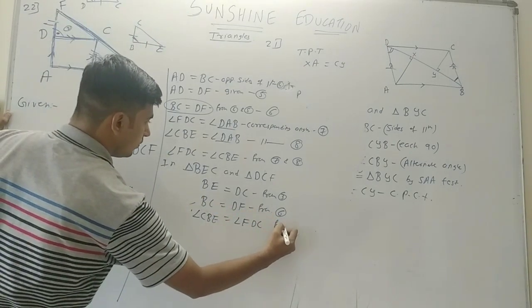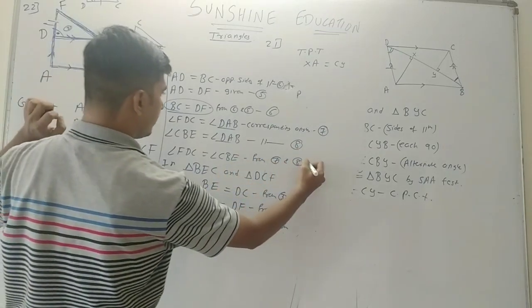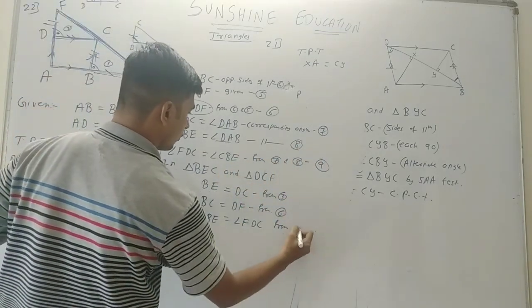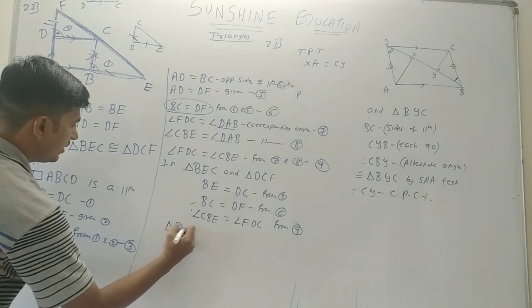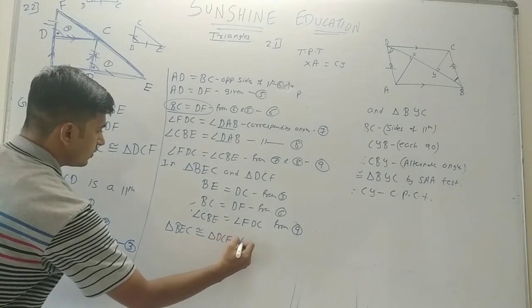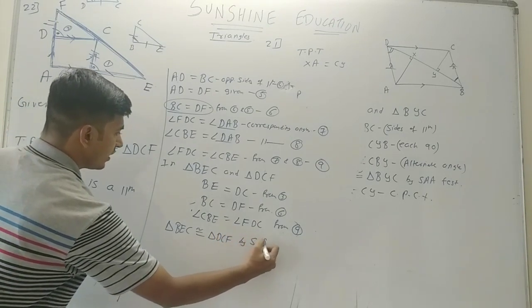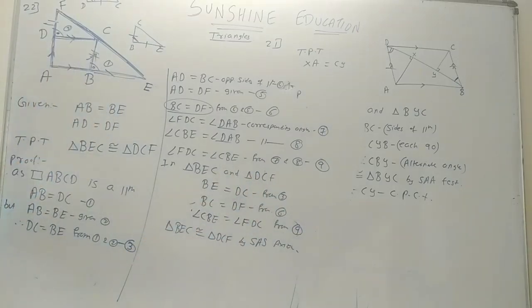Okay, from 7 and 8, I will give this as 9. Therefore, triangle BEC is congruent to triangle DCF by side angle side axiom. Okay, that is what we wanted to prove.